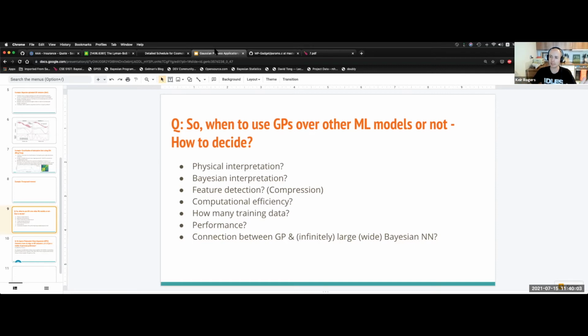So if you have an infinitely wide Bayesian neural network, where the weights and the biases have probability distributions, as that becomes infinitely wide, it essentially tends towards being a Gaussian process.